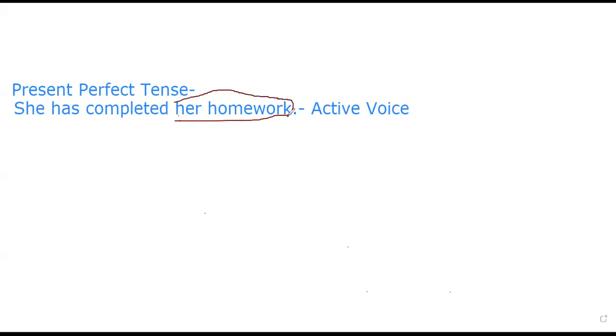So her homework is object, which will become subject.